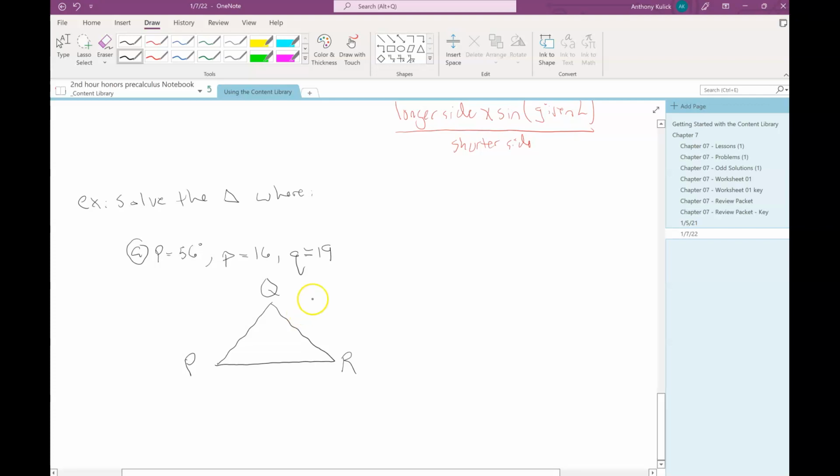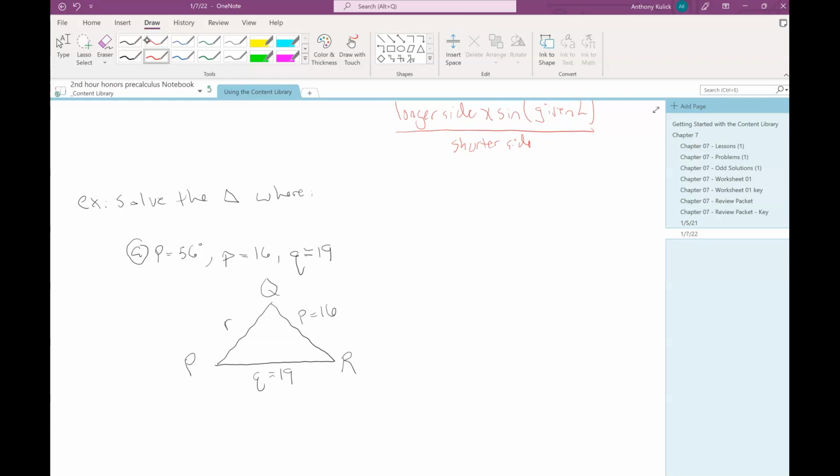Now remember the way we named our triangles where the side opposite the angle gets the same name. So that side needs to be P. That side needs to be Q. And that side needs to be R. Everybody feel good with the picture we've drawn?